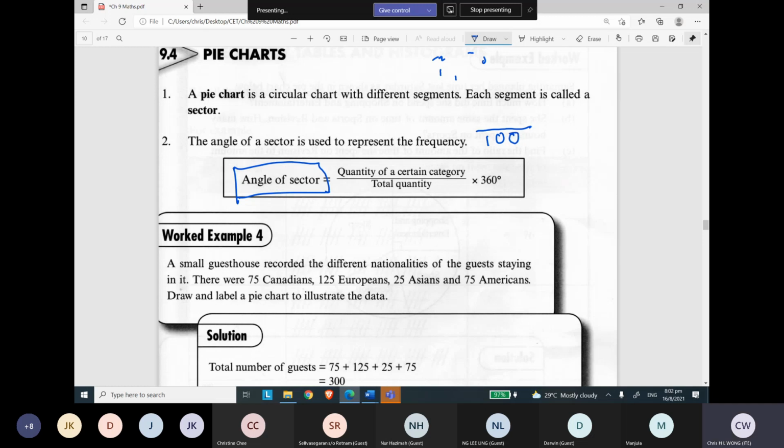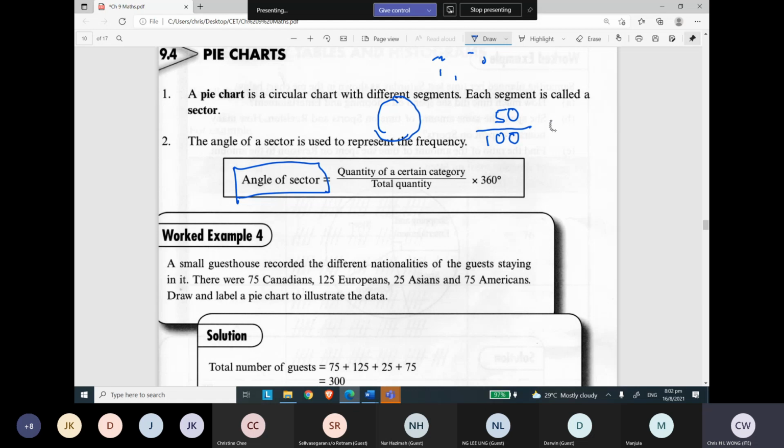In the school, there are 100 people, but 50 of them are staff. If I need to draw a circle, what is the angle that you need to represent?